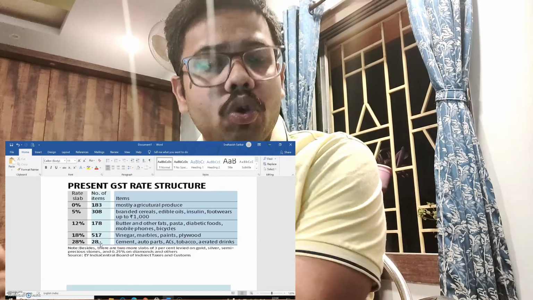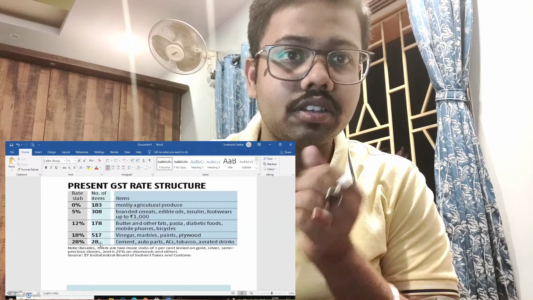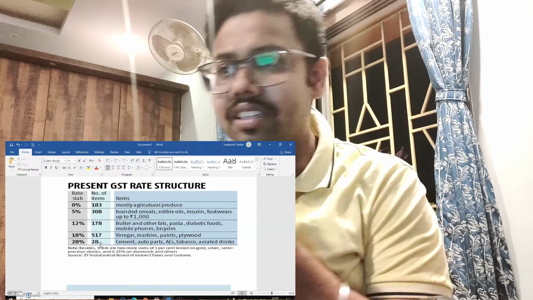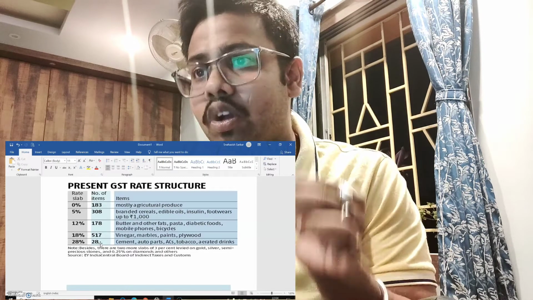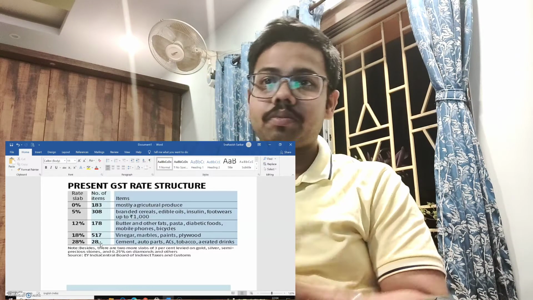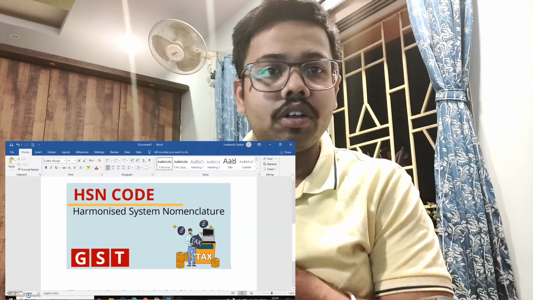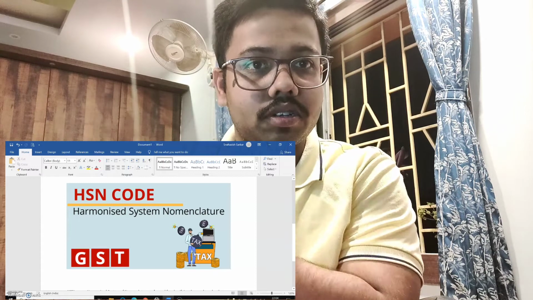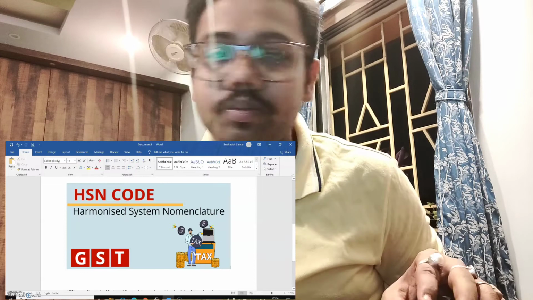Precious is gold, but semi-precious stones are these, the rings, this one. These are all semi-precious and are charged at 3%, and 0.25% on diamonds and others. So diamond is charged 0.25%, but this one is charged 3%. Clear?